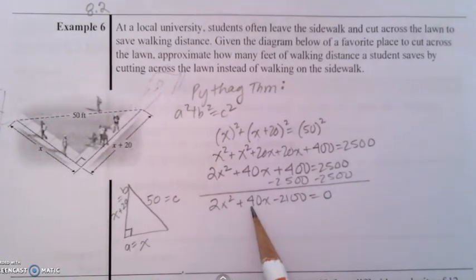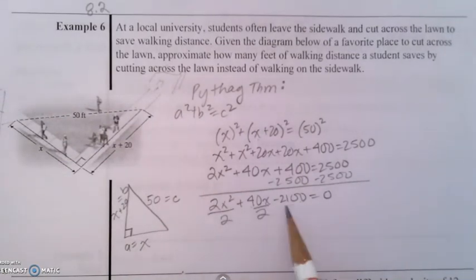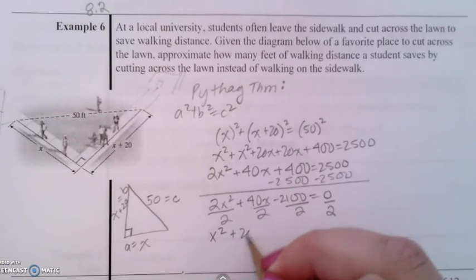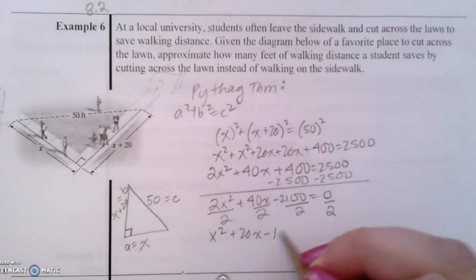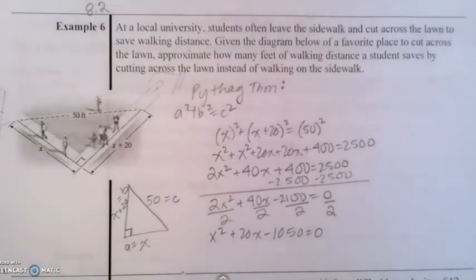And I don't see anything off the top of my head, but I do notice that all 3 of these numbers are even, which means I can divide everything by 2 and get an equivalent, simplified equation that has the same solution. So x squared plus 20x minus 1050 equals 0, just by dividing everything by 2.